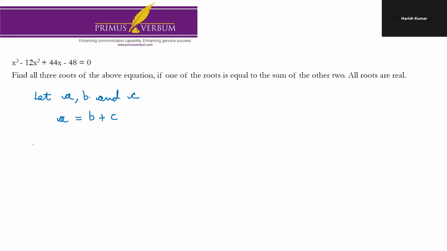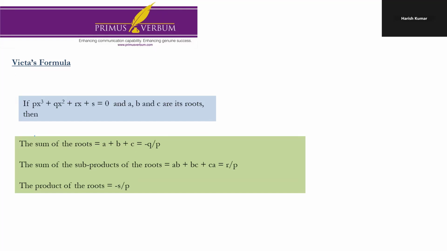Now, according to Vieta's formula, if px cubed plus qx squared plus rx plus s is equal to 0, and A, B, and C are its roots, then the sum of the roots A plus B plus C is given by minus Q divided by P, where Q is the coefficient of the quadratic term and P is the coefficient of the cubic term.